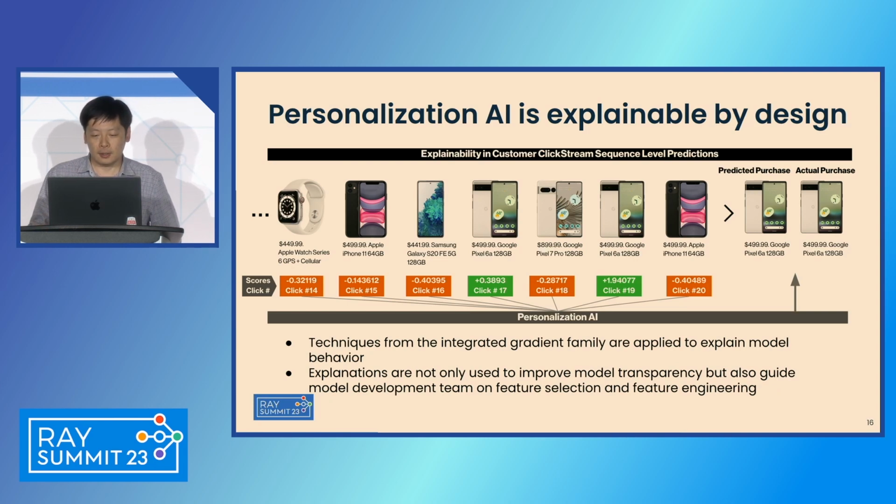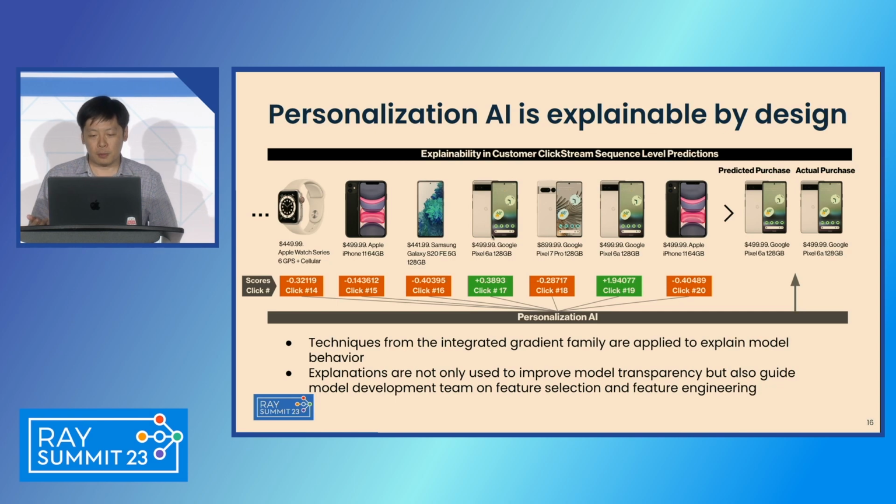So if you ask business people to randomly guess which click is going to contribute the most to the output, they may tell you probably the last click. But this example shows the model is actually not looking at the last click of the customer, but at the second to last and some of the previous clicks.